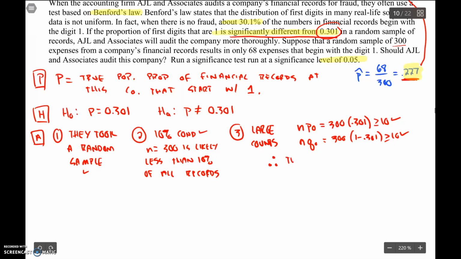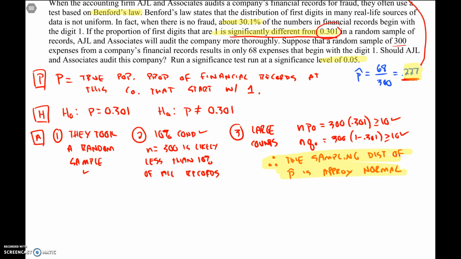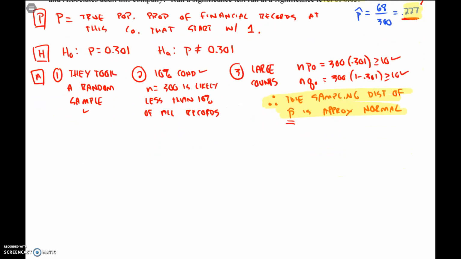Therefore, the sampling distribution of p hat is approximately normal. Again, I don't think the AP test requires this, but I like it. It's a normal check. If you just put large counts in this, I don't see any normal in there, so I don't like it. On my test, you have to do this, and you have to make sure you say p hat here, so please be careful. All right, so we're good. Our sampling distribution is going to be normal.